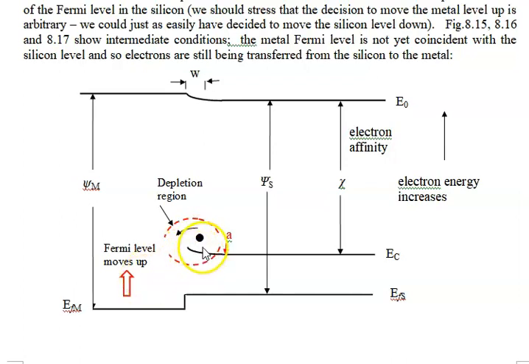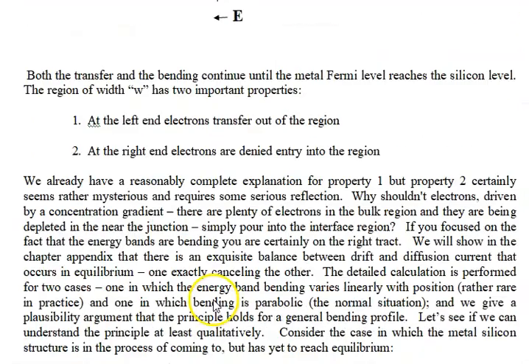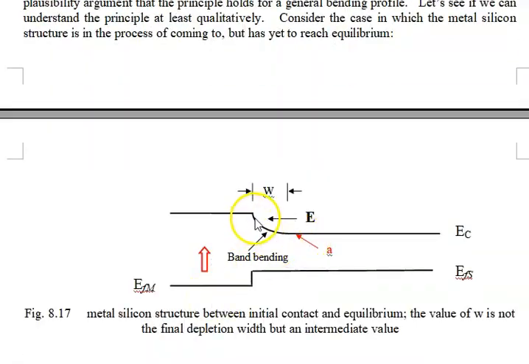That is the overriding concern until the Fermi levels are equilibrated. At that point, everything stops and the band bending becomes its fixed value, its maximum.